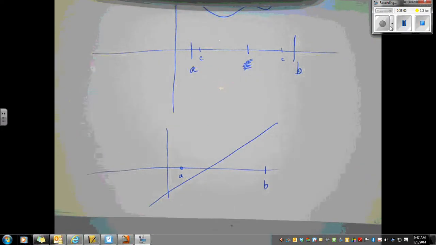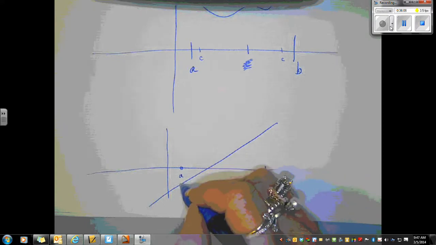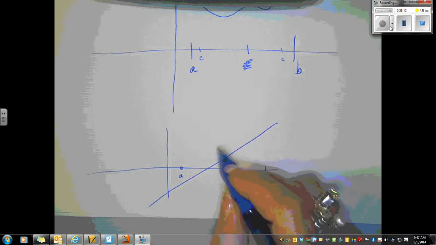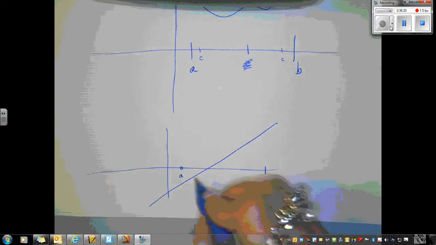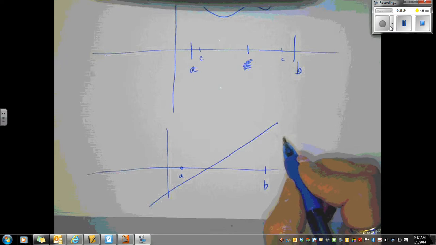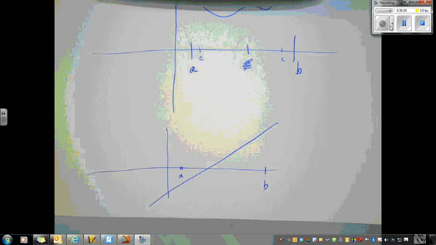If I knew that f of a came out to be a negative value, and f of b came out to be a positive value, could I say that this graph crossed the x-axis? Yeah. Would it necessarily have to be that a was the negative one and b was the positive one? No, it could be the other way around. So, that's the kind of question they're asking you.